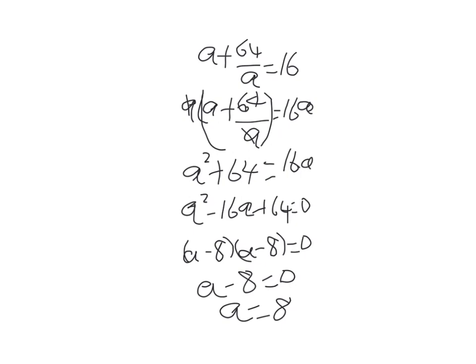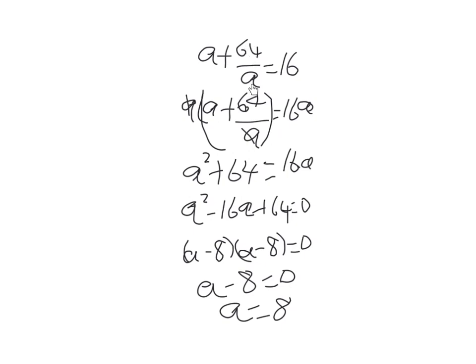Then how do you prove that the answer is correct? What you do is you take your final answer, A equals 8. In the original equation that you were given, where you see A, you put 8, and where you see A, you put 8.